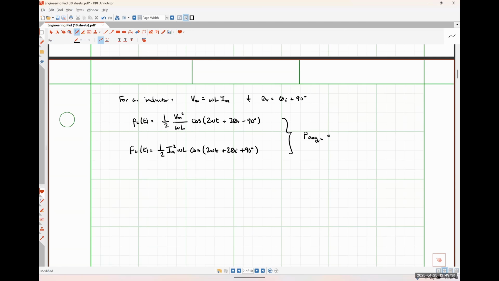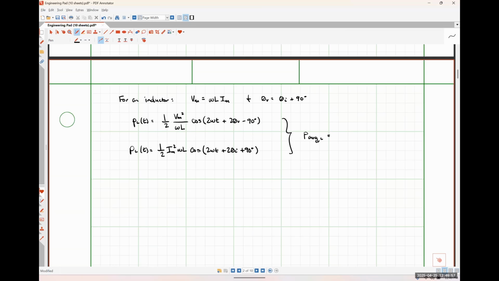So that's the magnitude of the power, but it's being multiplied by cosine twice omega t. So that's definitely sinusoidally oscillating. That's twice theta I, but no. So there is no DC part.